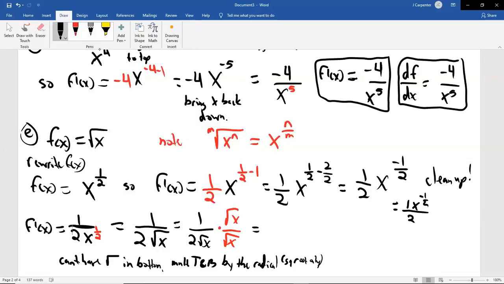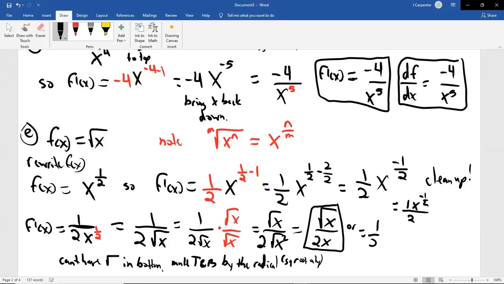So distributing, the top you get square root of x, because square root of x times 1 is square root of x. In the bottom, 2, these square root of x's, you're going to multiply the insides. x times x is x squared, so that's 2 times the square root of x squared. And the square root of x squared is x. So this is the square root of x over 2x. Or you can have this as 1/2 times the square root of x over x.